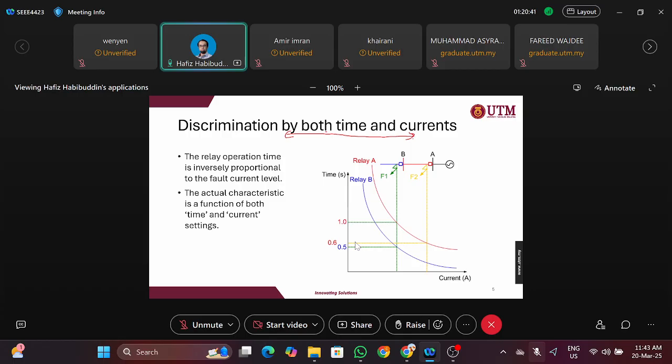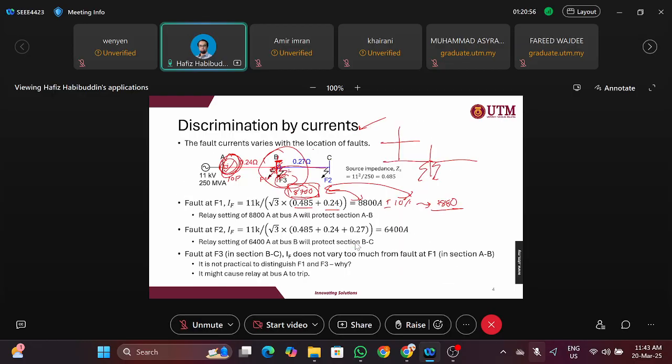For you to do so, you need a certain characteristic of the relay. The relay needs to have an inverse relationship, where the operation time is inversely proportional to the fault current. As opposed to this, the operation time can be instantaneous, right?